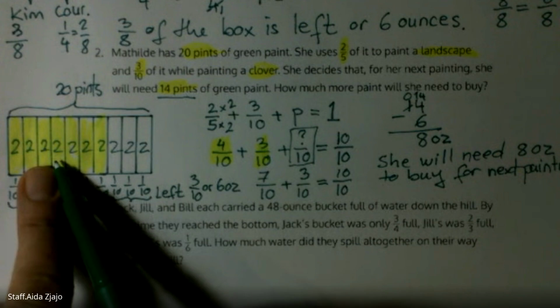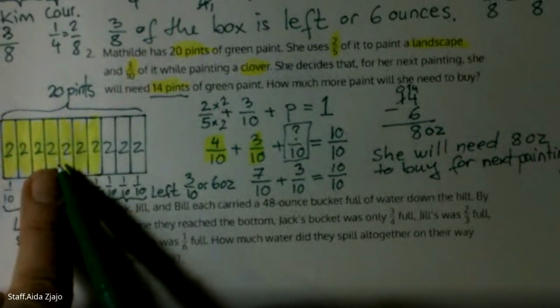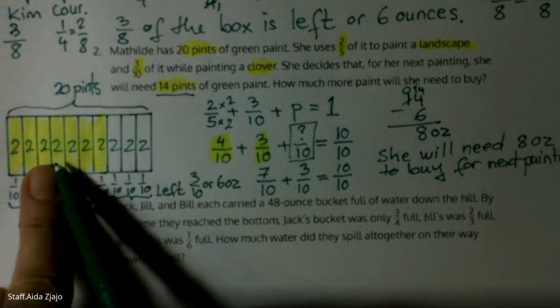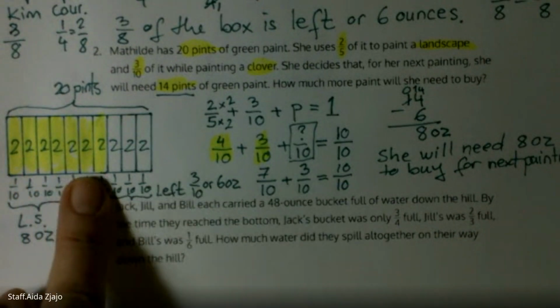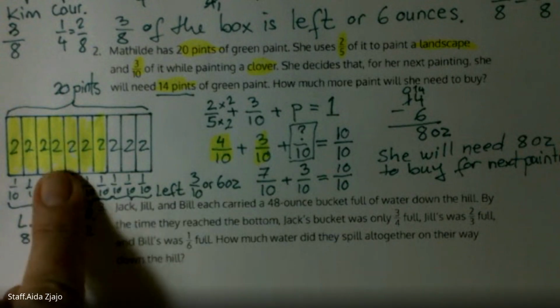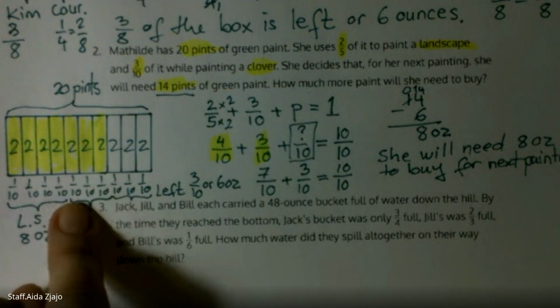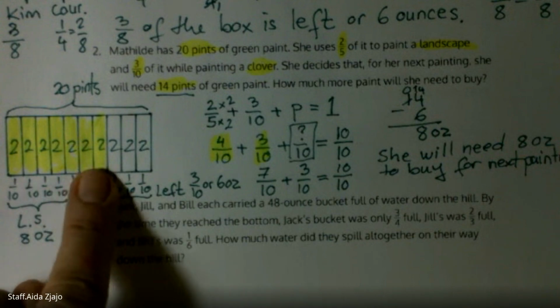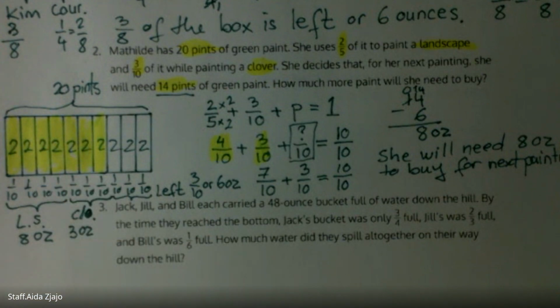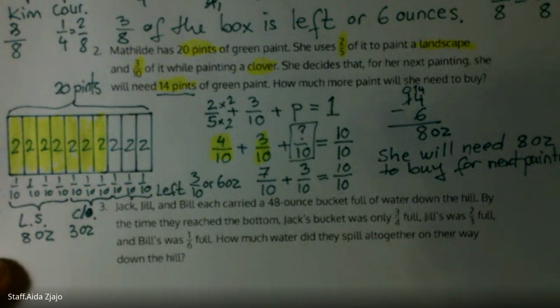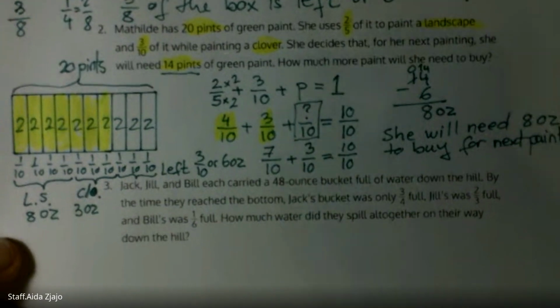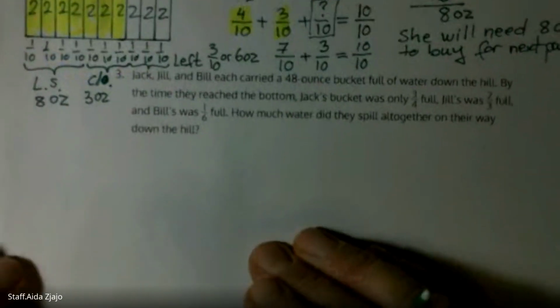So 2/5 are 8 ounces, it's 8 out of 20, and then 3/10 is 6 ounces. So that's what our picture can show us as well. Okay, we will do the next problem.